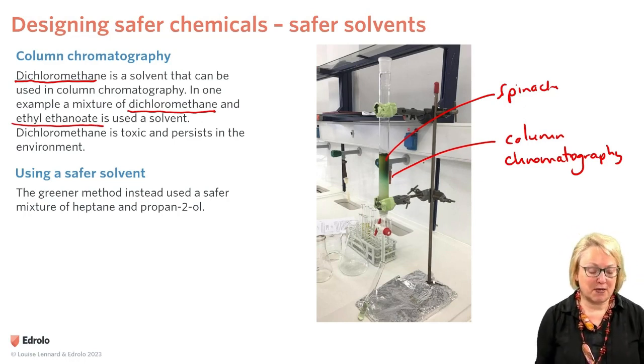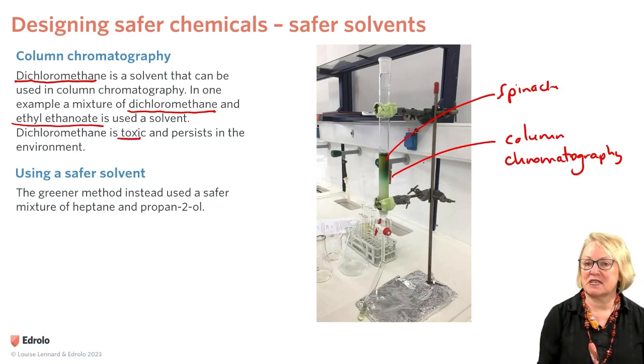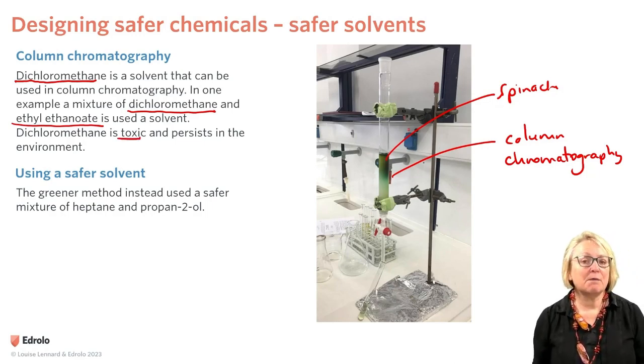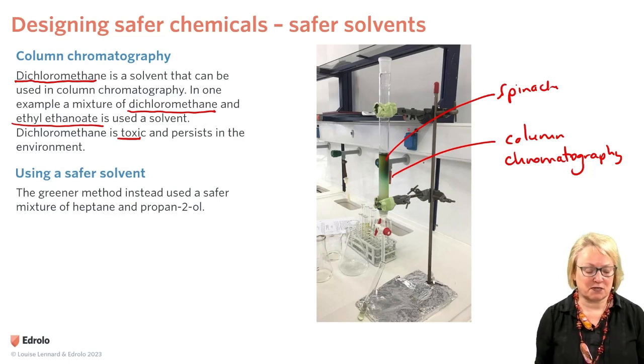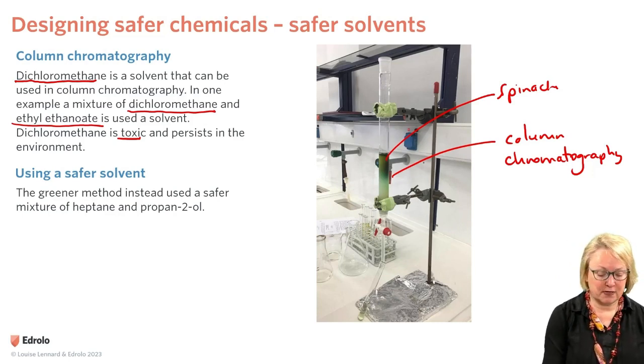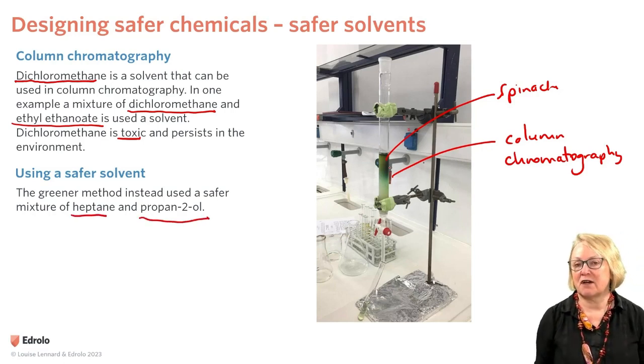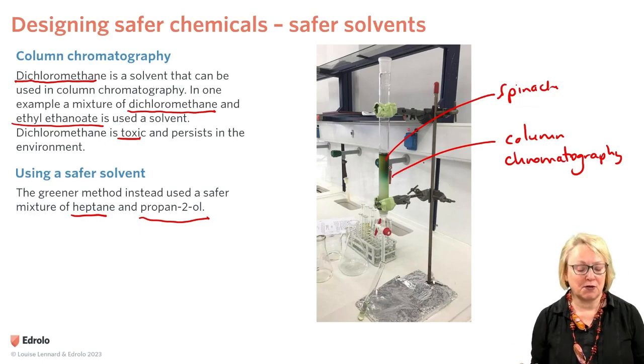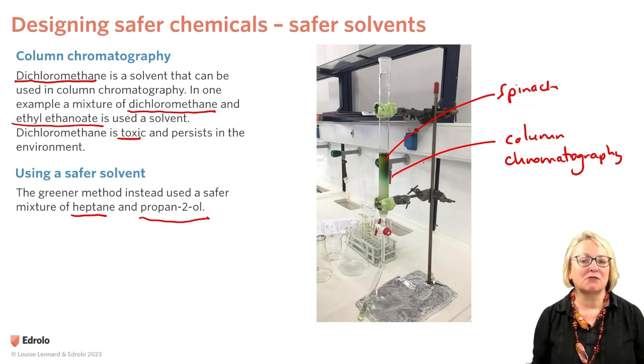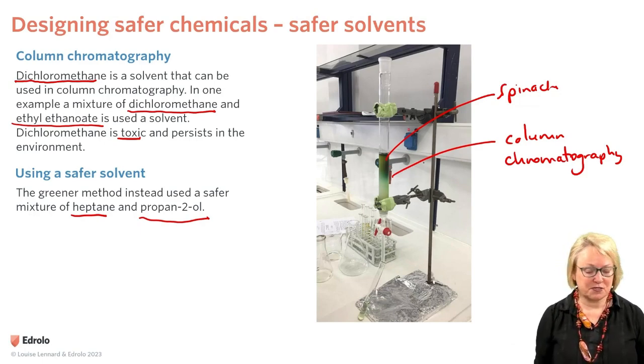But dichloromethane is toxic and persists in the environment. A greener pathway is to use a safer solvent. So the greener method instead used a safer mixture of heptane and propanol. Still got the desired effect of separating out the components, but resulting in a safer solvent that's used.